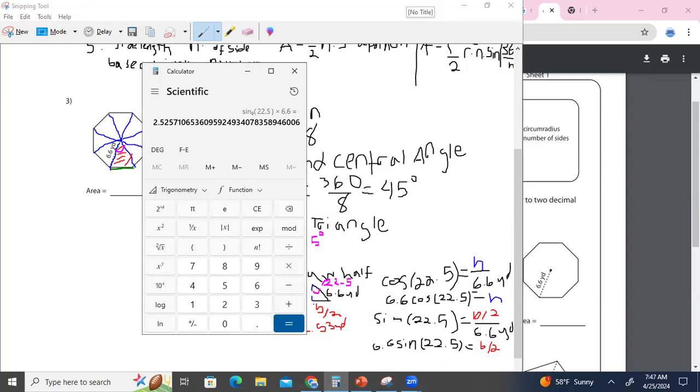Let me do times 6 cosine 22.5 just to get it more exact. I'm gonna do parentheses 6.6 times cosine of 22.5, just to get it exact.